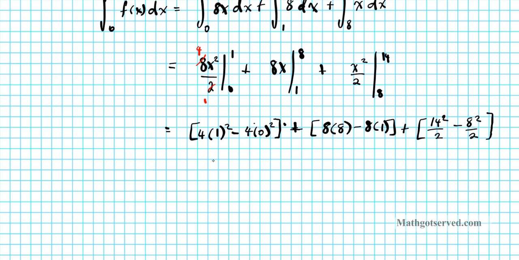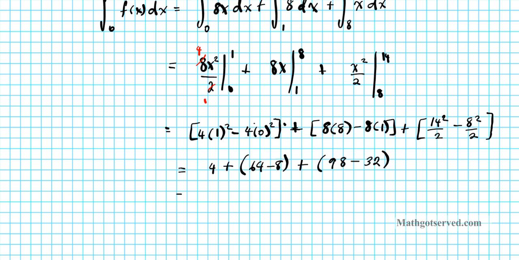Okay? Alright, so if we evaluate this, you simply get this whole thing is 0. So we have 4 plus 8 times 8 is 64 minus 8, plus, in this case, 14 squared is 196. 196 over 2 is 98, minus 8 squared is 64 over 2 is 32.